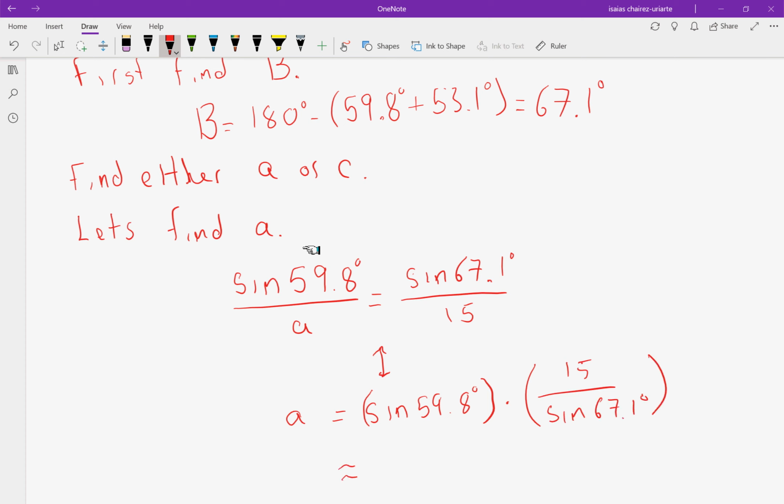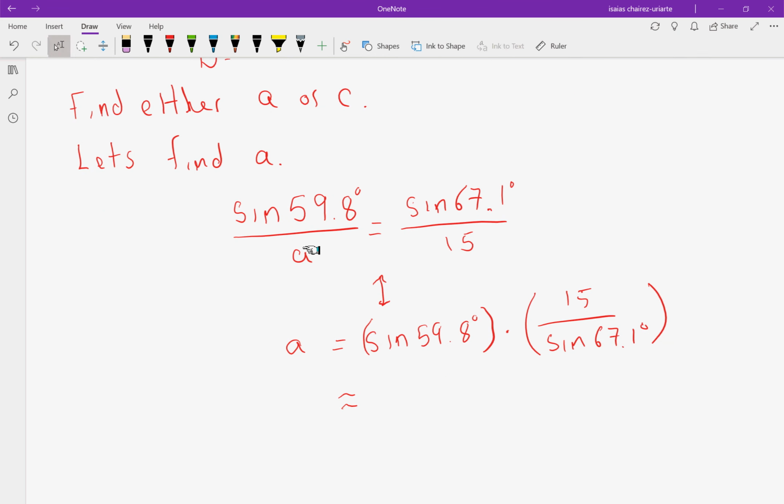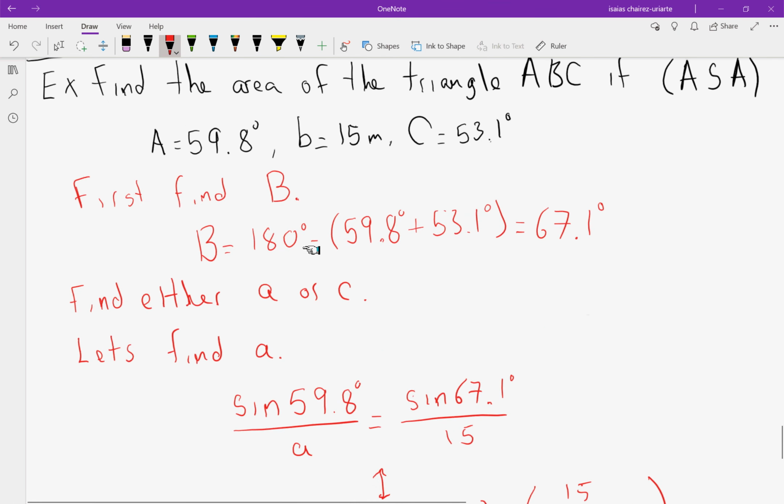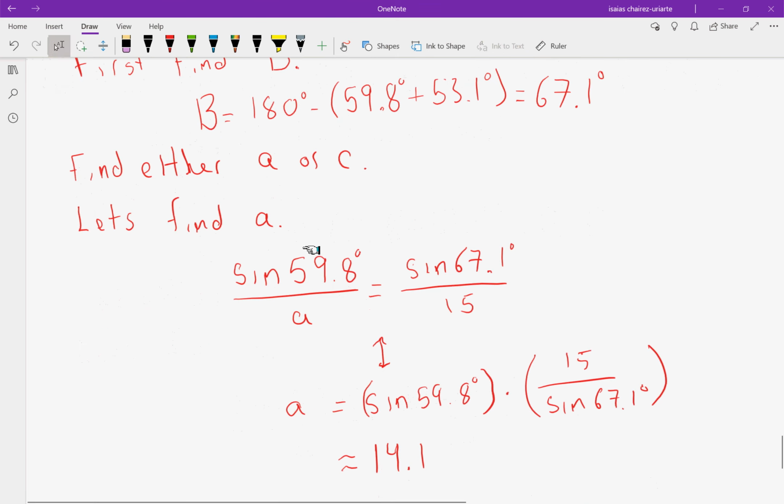And punching this into your calculator carefully and making sure that your calculator is in degree mode, you should conclude that this is about 14.1. I guess right now we're dealing with what are units here? Meters. So 14.1 meters.